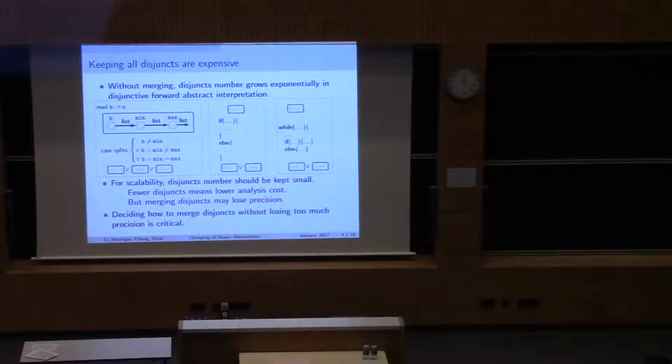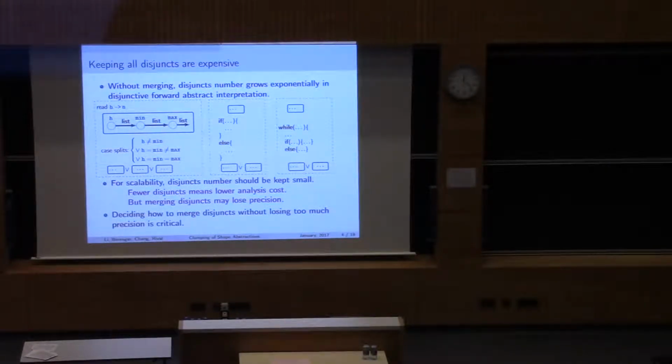However, keeping all disjuncts is expensive, as we all know, because without merging, the disjunct number grows exponentially in disjunctive forward abstract interpretation. As an example, to read the next field element of the list head from this abstract state, we need to consider three cases: where h is not equal to min, where h is equal to min but not equal to max, and where h is equal to min and equal to max.